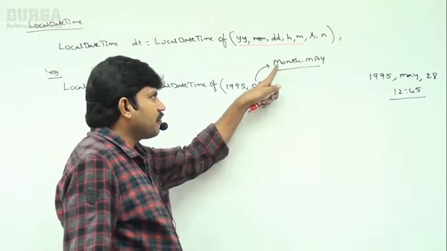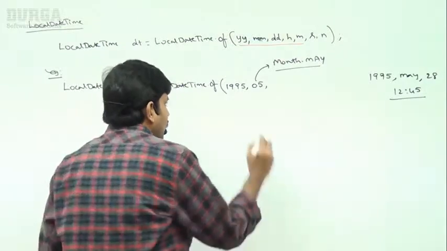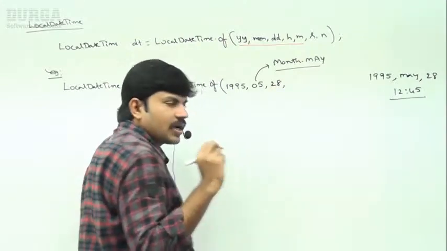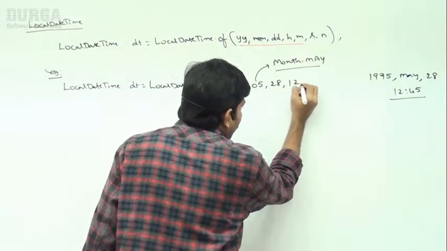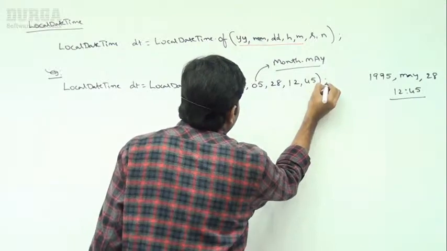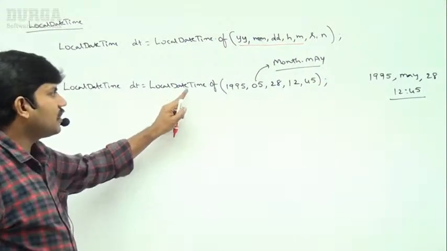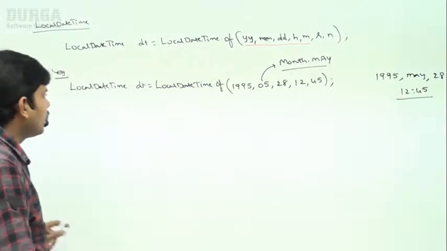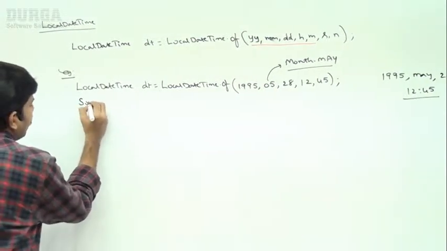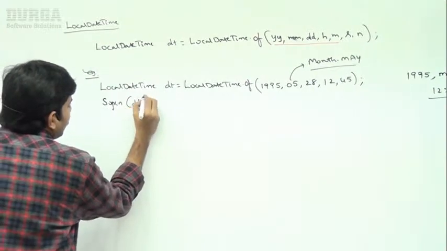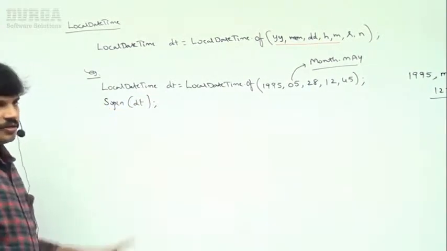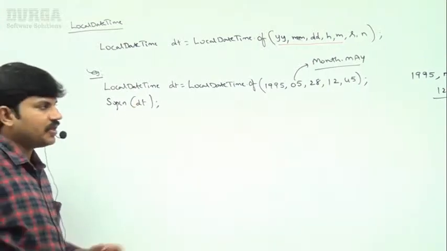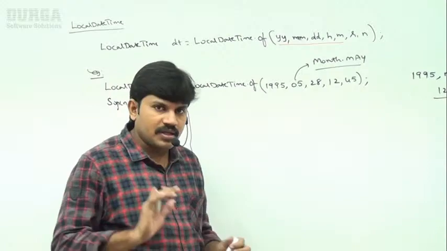MAY is a constant present inside the Month class. Comma. What is your day value? 28. Comma, what is your hour? 12. What is your minute? 45. Are you getting it? LocalDateTime.of, like this we have. Now System.out.println of dt. Now this LocalDateTime object is going to represent this particular date. Clear for all of you, right?